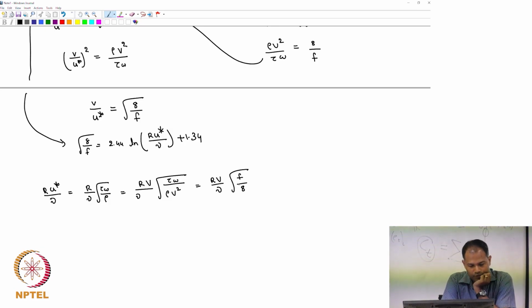The argument r u star by nu, so u star if I replace with square root of tau w by rho, and again write it as tau w by rho V square, where V is the average velocity, I can write that square root term in terms of f again. So basically I get Reynolds number times square root of f by 8 as the argument. Check whether it's right.